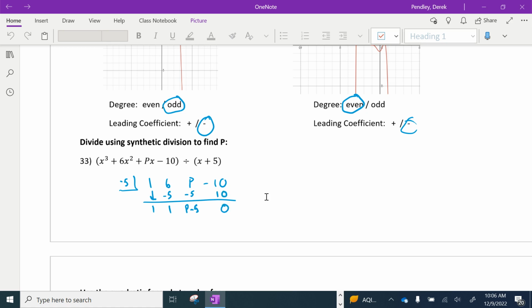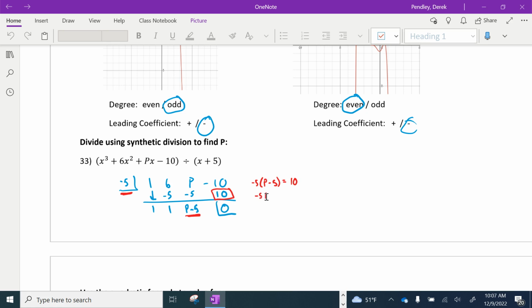So p minus 5 times negative 5 is going to get me 10, because that's how synthetic division works. So if we take that logic, negative 5 times p minus 5 will give us 10. Now it's just something simple to solve, an algebra problem. I'm going to distribute the negative 5. So I have negative 5p plus 25 is equal to 10.